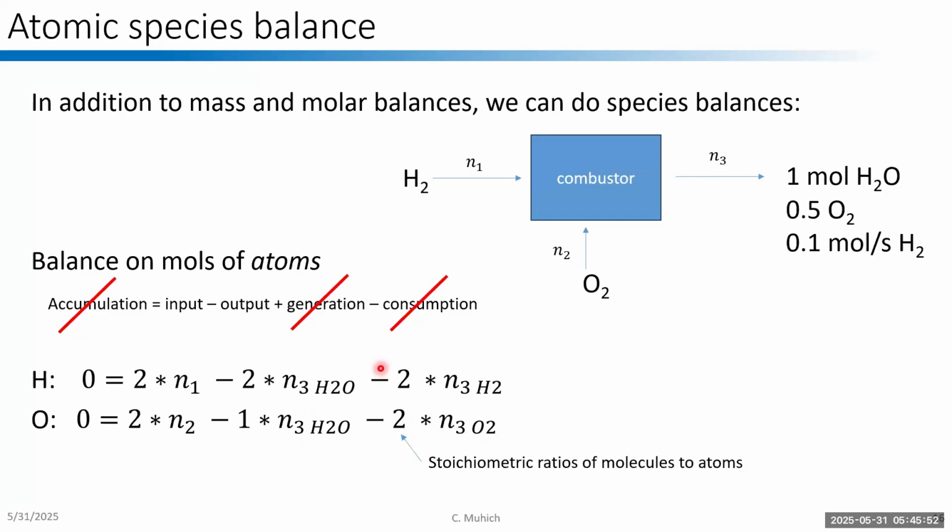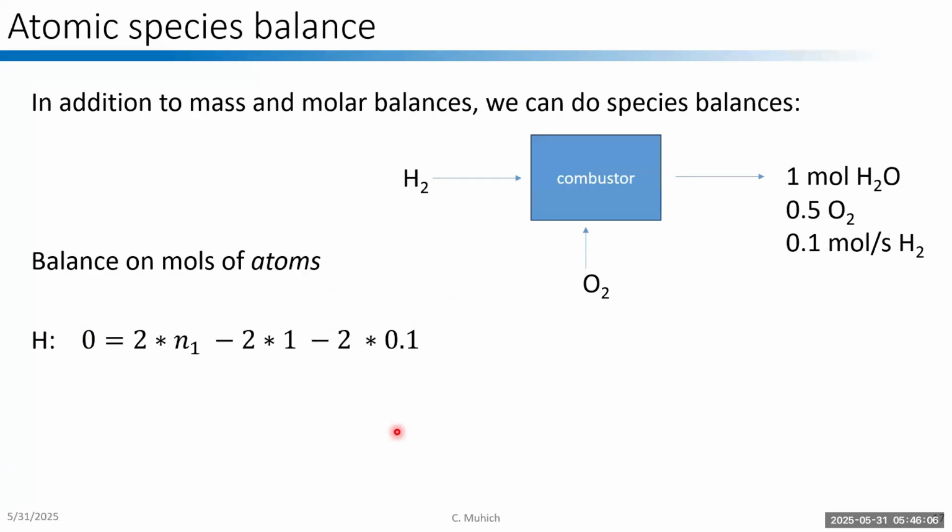If we notice, we have our species-based stream flows, and in front of each of our flows, we have the stoichiometric ratio of our molecules.